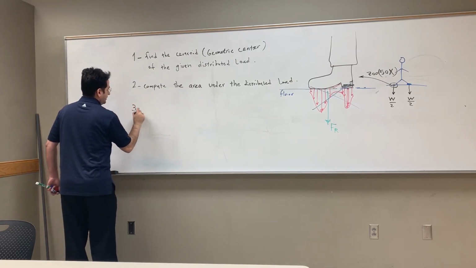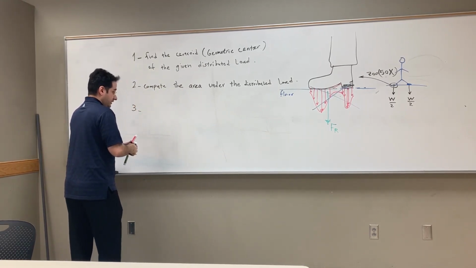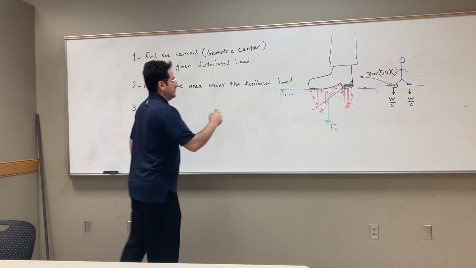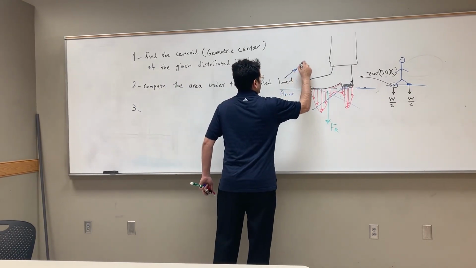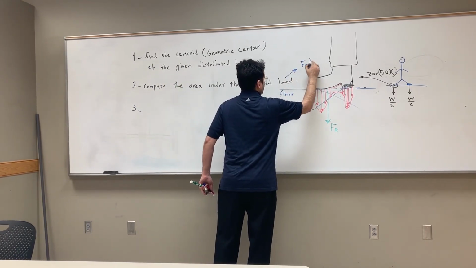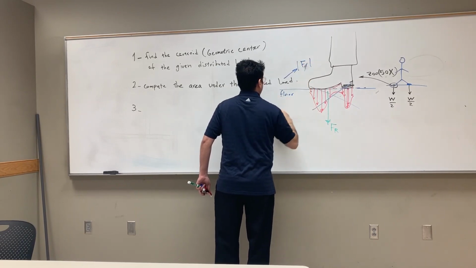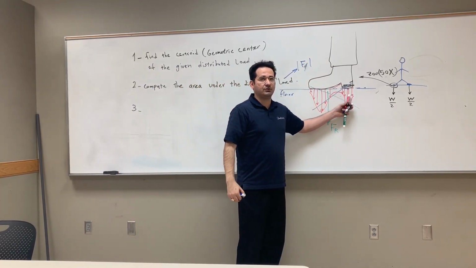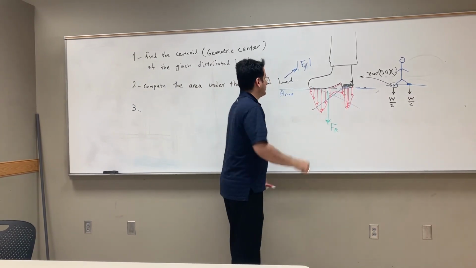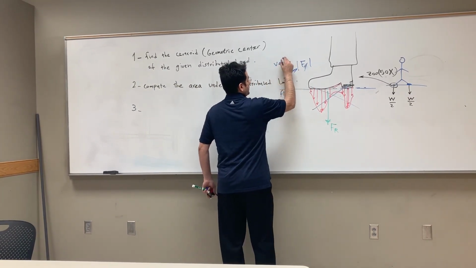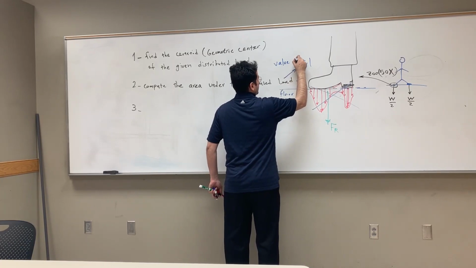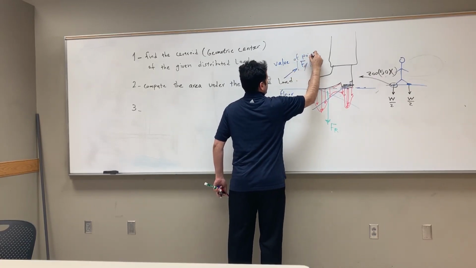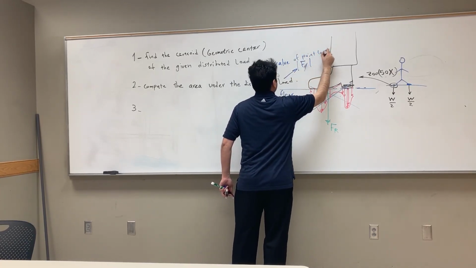This gives you the value of the load. The area under the distributed load gives you the effective value of the load, or the value of the point load that you want to replace it with. Point load. Alright?